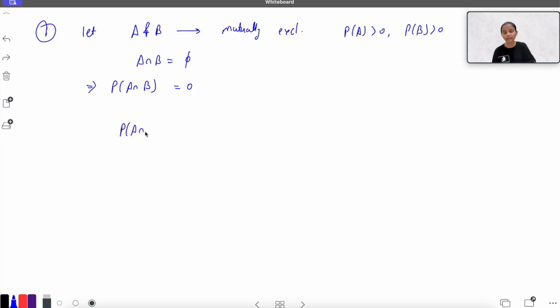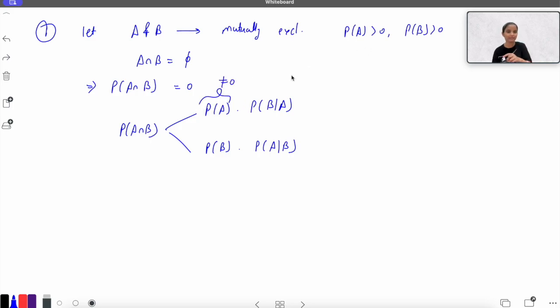I can write probability of A intersection B as probability of A times probability of B given A, or also as probability of B times probability of A given B. Now we know that the probability of A cannot be equal to 0, and simultaneously the probability of B cannot be equal to 0. But this is saying that the probability of A intersection B is equal to 0.